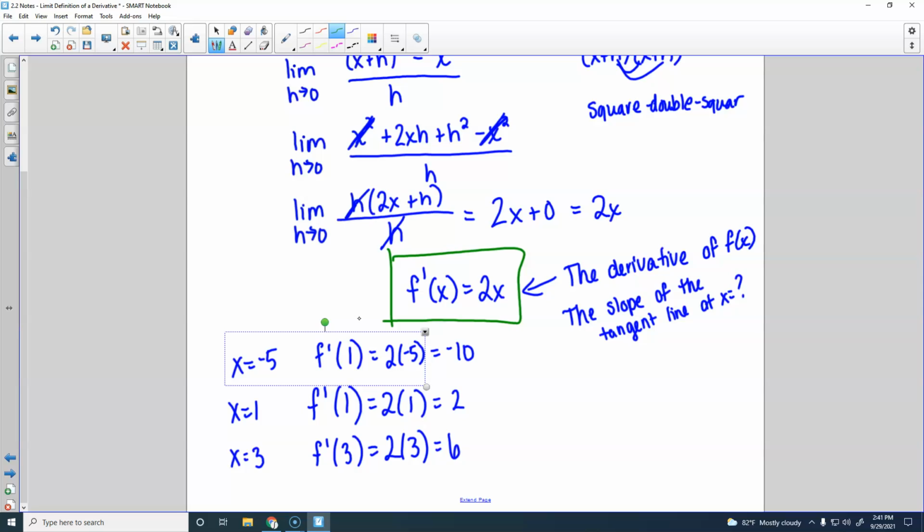Don't worry if you're not following everything about plugging that in. But we could have done all of this. We would have gotten that f prime of x equals 4x. And then, since they're asking me about the point 2, f prime of 2 equals 4 times 2, which is 8, which is the same.